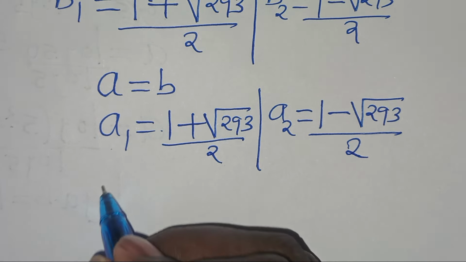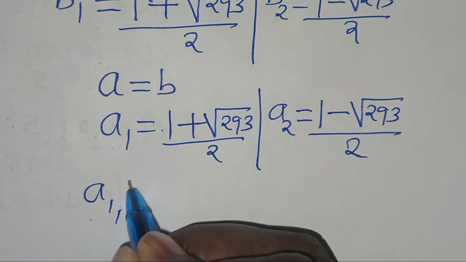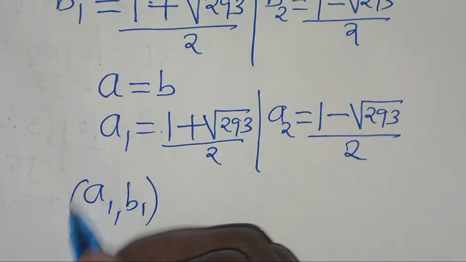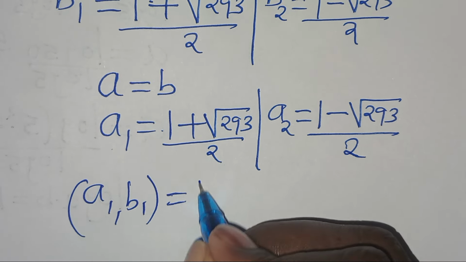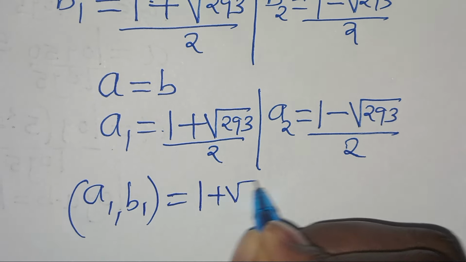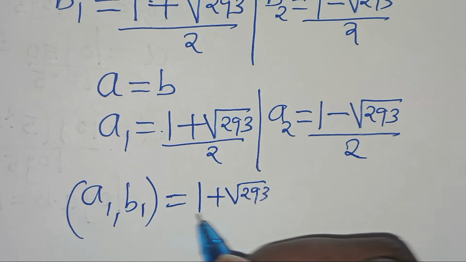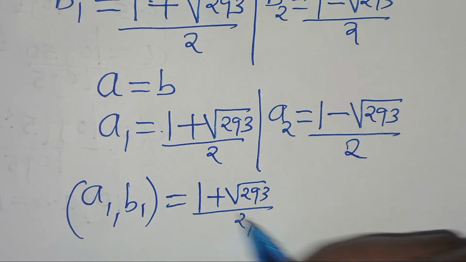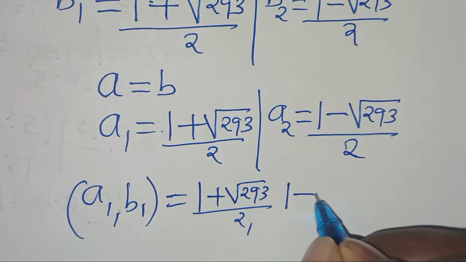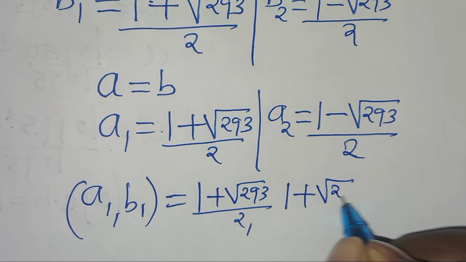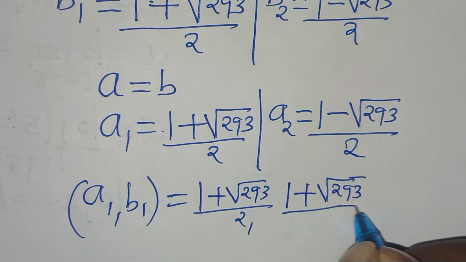So we have that a1 comma b1 is equal to 1 plus the square root of 293 over 2, and that b1 is 1 plus square root of 293 divided by 2.